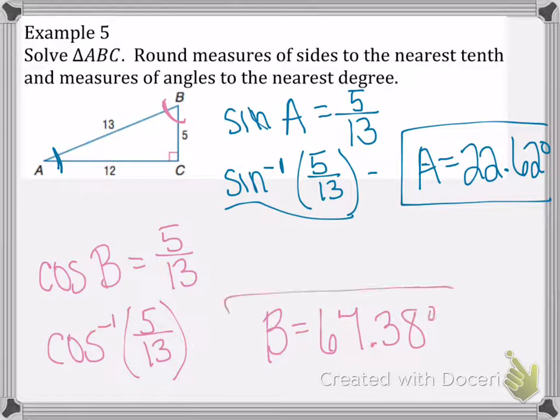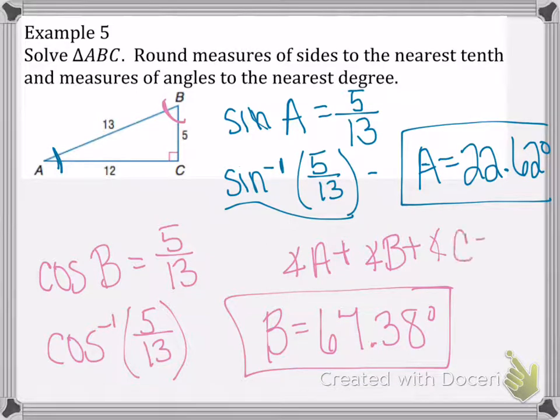Now what I would suggest is doing these separately. And then to check, make sure that angle A plus angle B plus angle C does equal 180. That should be your check.